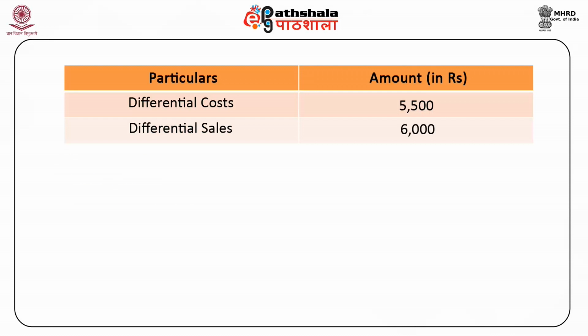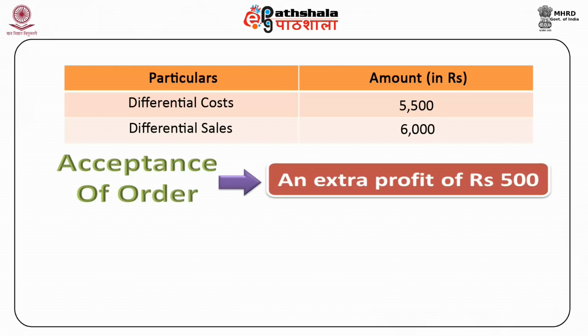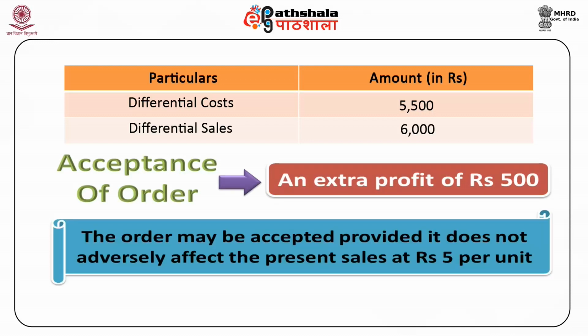Thus, acceptance of the order from a large mail order house gives an extra profit of rupees 500. The order may be accepted provided it does not adversely affect the present sales at rupees 5 per unit.